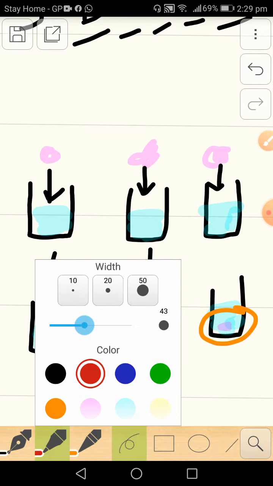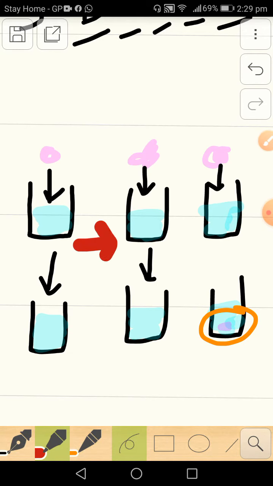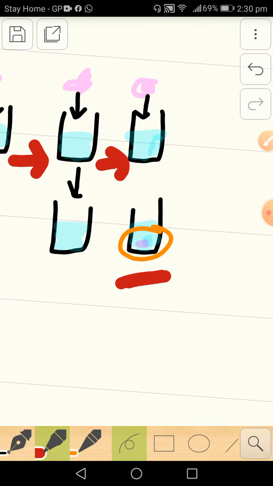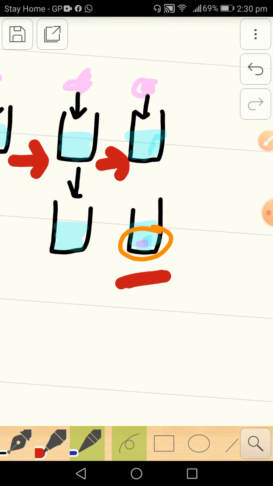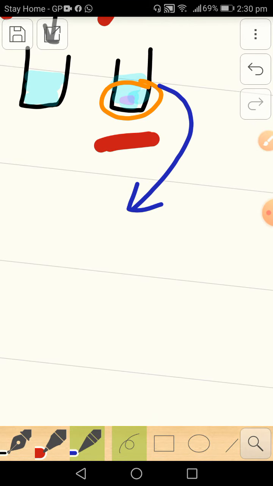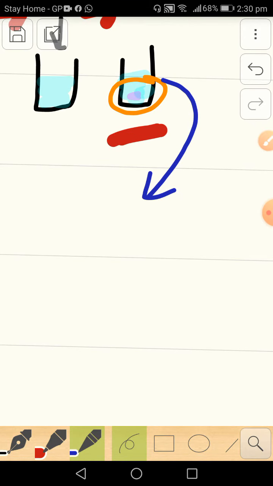Let me give arrows. From here to here, then here to here. So here is the finishing part. Then we will carry out filtration over here by using the filter paper. You already know how to use the filter paper.